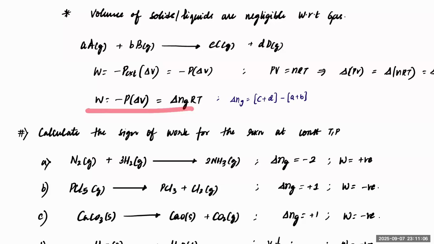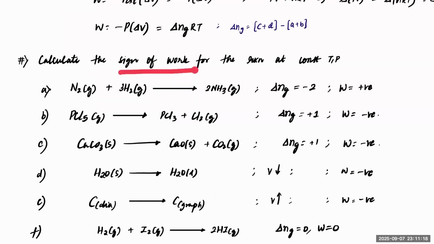Now, for any chemical reaction, we can figure out the work done on the system based on the sign of the work. Check out N2 plus 3H2 giving 2NH3. Delta Ng will be equal to products minus reactants, so 2 minus 4, which is minus 2.